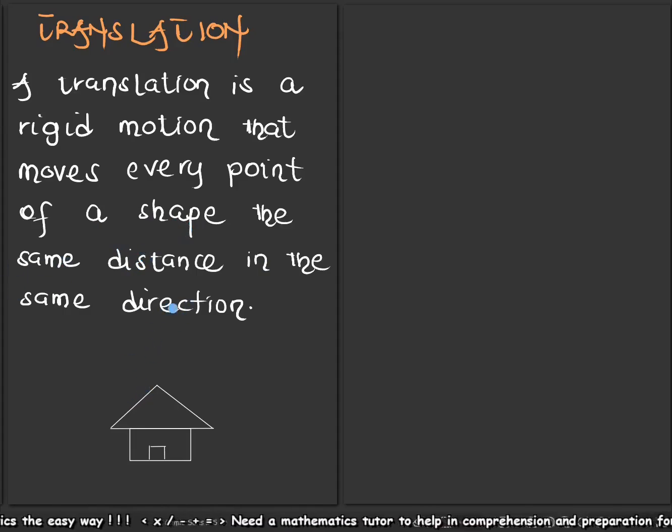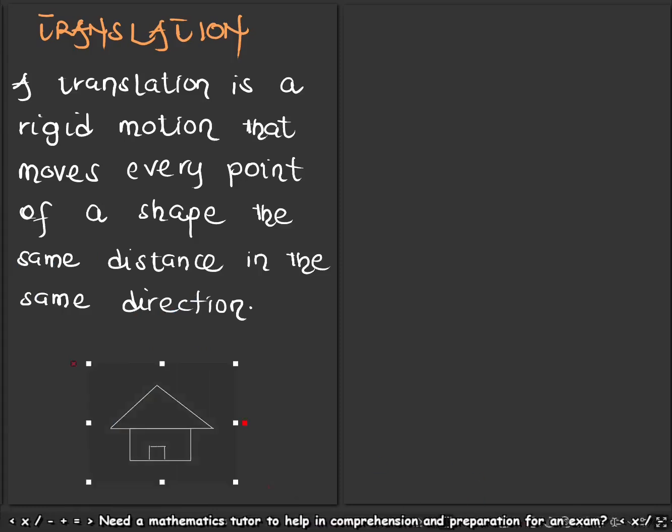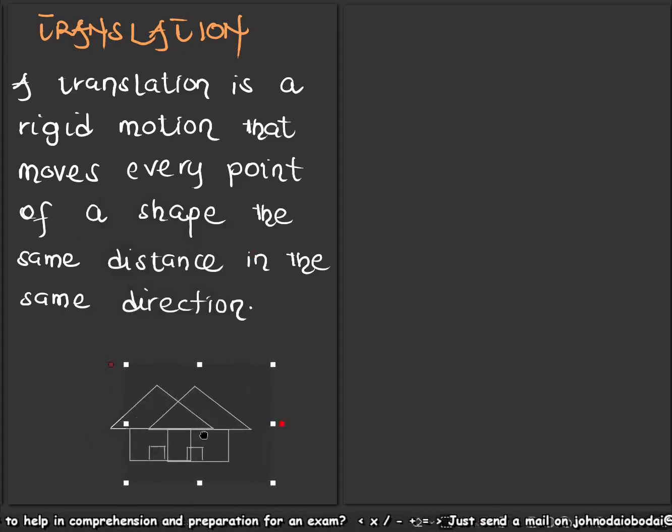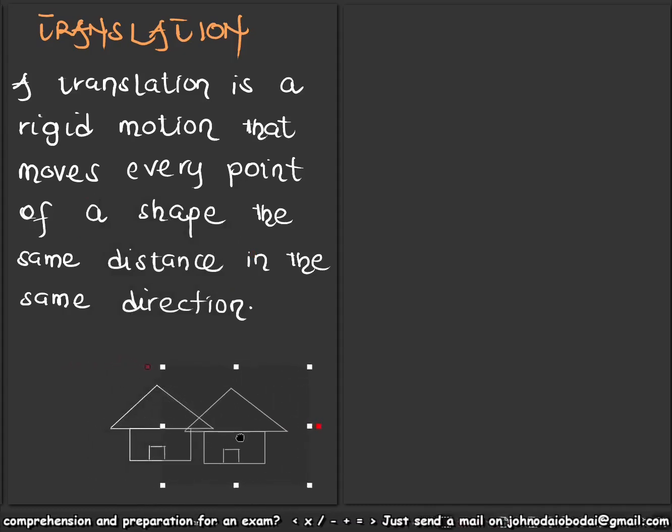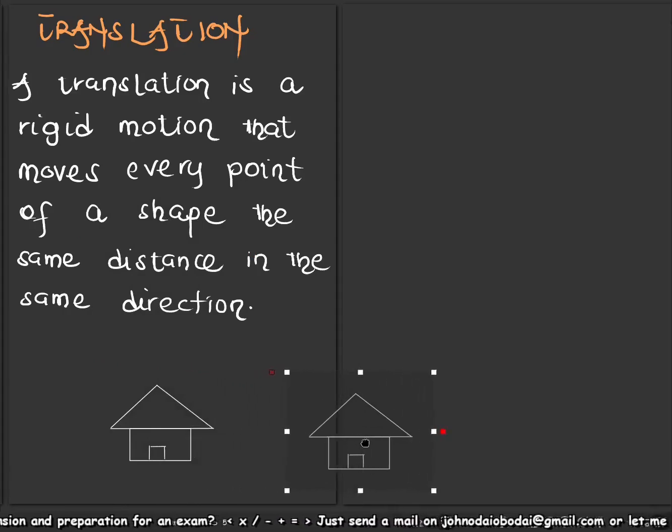What does this mean? Let's look at this compound shape we have over here, all of this whole shape. If I'm able to move this in any direction, you see, I'm moving the whole thing. So we'll say I am translating it.